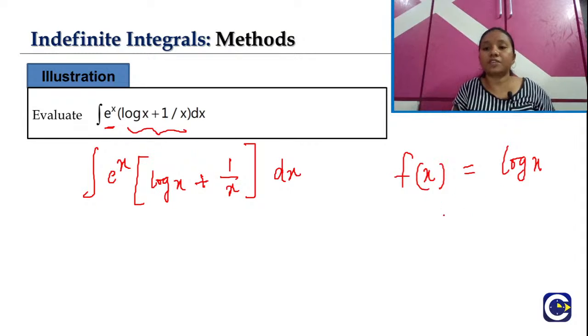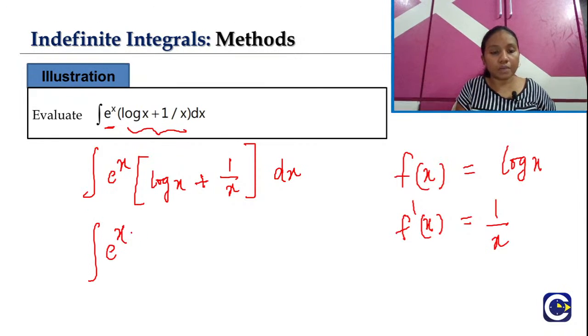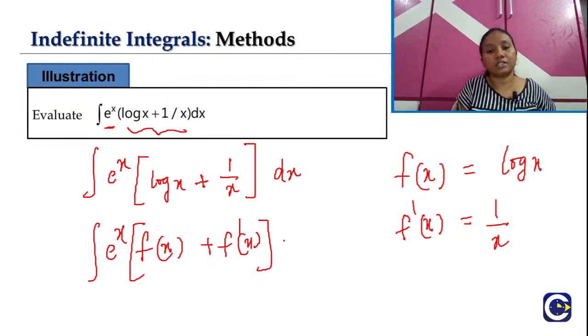Then what is the differentiation of log x, that is f dash x? The differentiation of log x is nothing but 1 by x. Which means I have my given integral in the form of e power x the whole into f of x plus f dash of x.